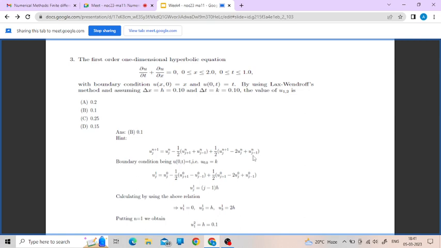Just apply over here for each term u i comma j plus 1, u i comma j minus 1. Apply the respective Taylor series expansions, and eliminate the higher order terms and arrange in these equations and simplify it.